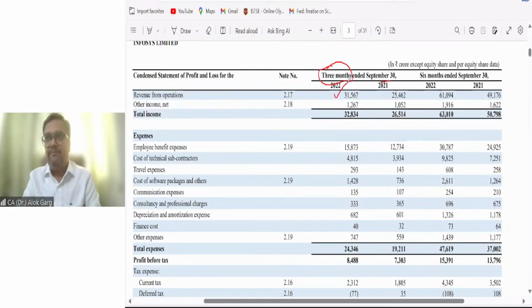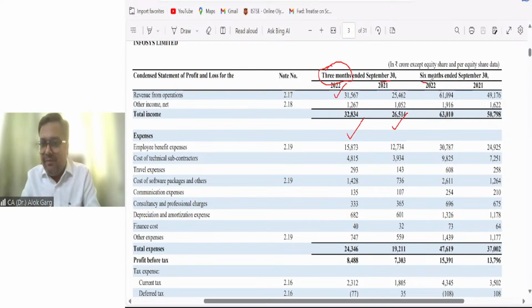When I say 3 months ended September, it means it started on 1st July. So 1st July 22 to 30th September 22, 3 months. Comparison: 1st July 21 to 30th September 21.